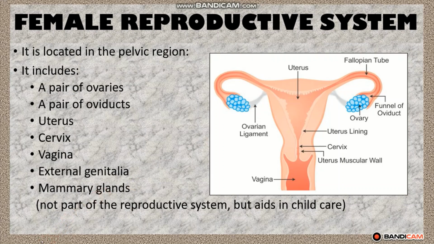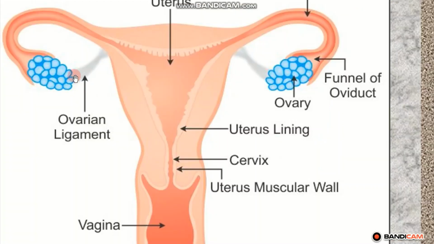Let me show you how it looks. See, this one is light colored. It is the ligament, and that ligament connects and attaches the ovary. This ovary is attached with the ligament, and this is the pelvic wall, where the ligament is attached.